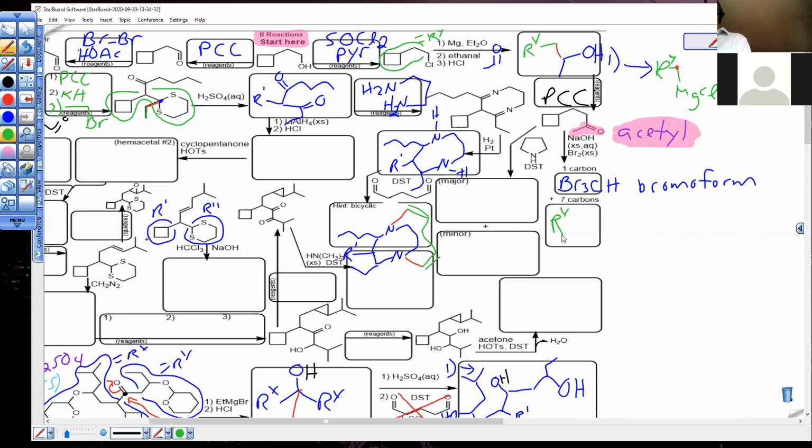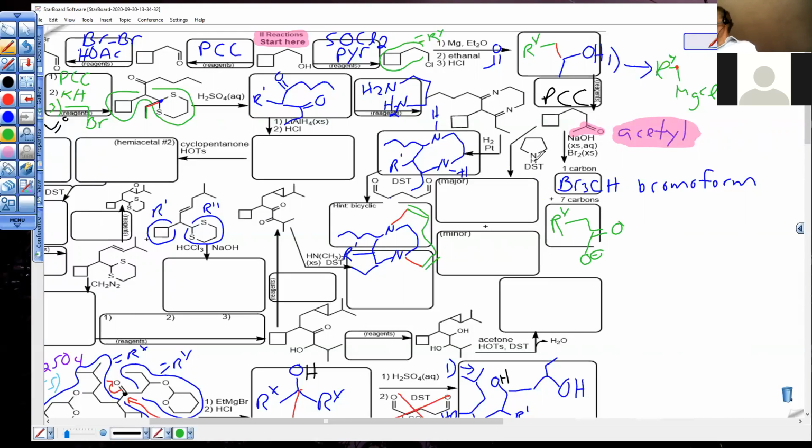And it's attached to 1 more carbon, 6, and the 7th is the carboxylic anion, carboxylate. And the minus is kind of far away there, isn't it? Carboxylate. It gave up its proton to bromoform, and that would be a precipitate.